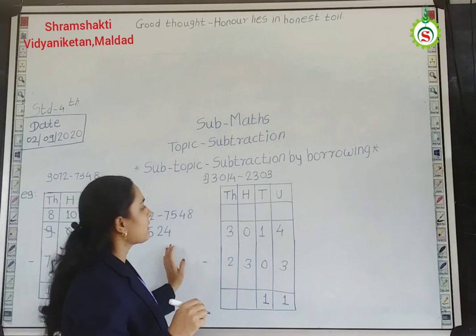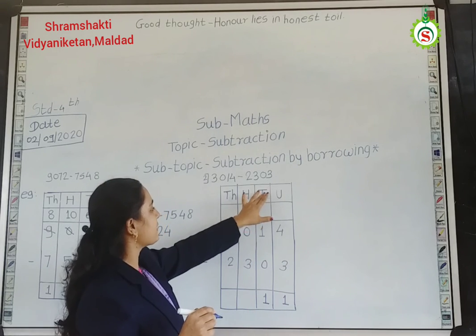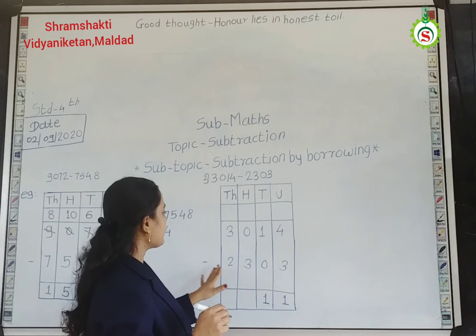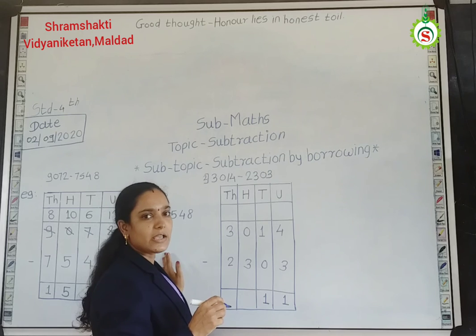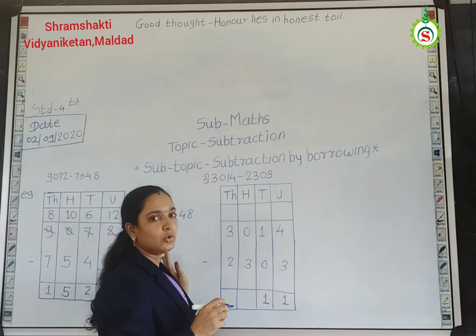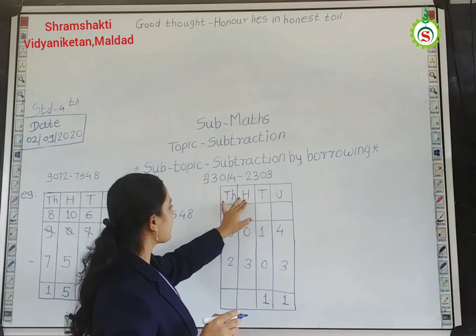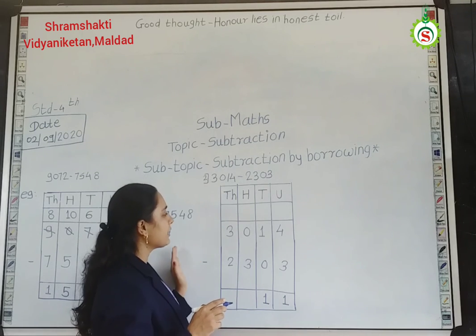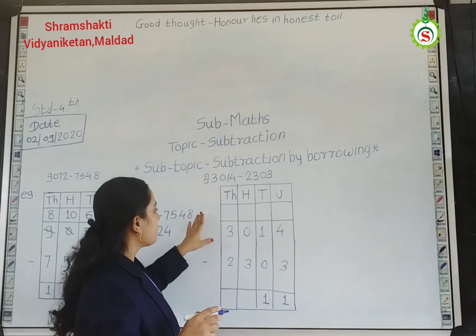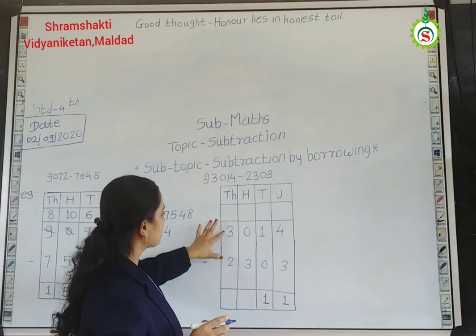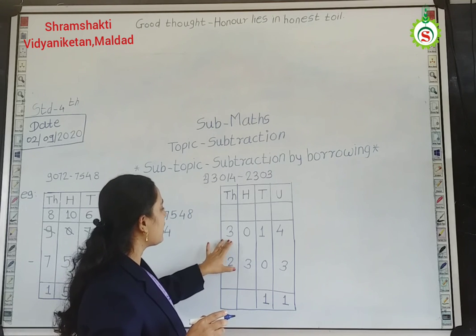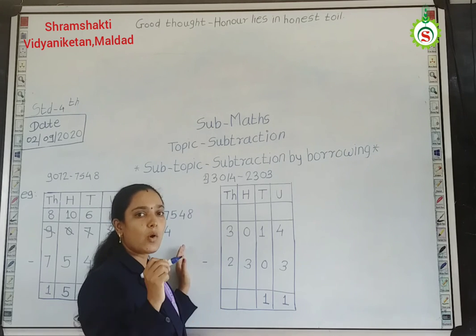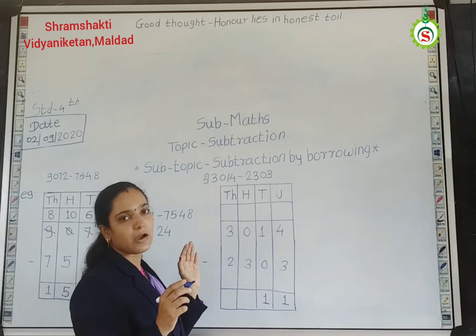Then next place, the neighbor place of this tens place, means hundreds place. 0 hundreds minus 3 hundreds. Students, is subtraction possible here? No, because 0 hundreds is smaller than 3 hundreds. Here we need to take a borrow. See the neighbor place 3000. Here we already have 3000. Therefore untie 1000 from this 3000.